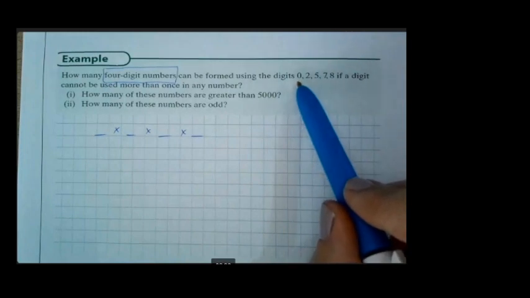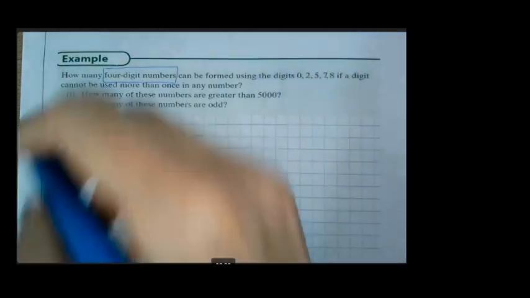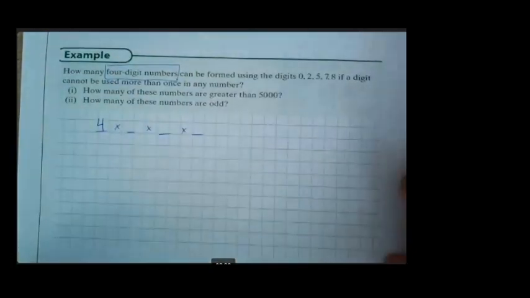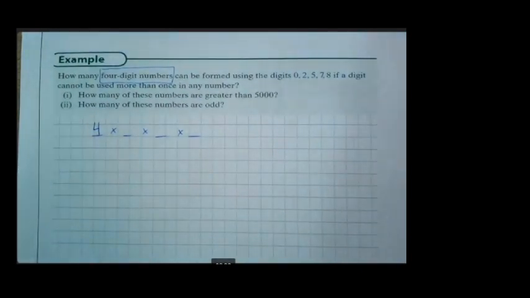Really, the only options I have for that first digit are 1, 2, 3, 4. It could be either the 2, the 5, the 7, or the 8. So be careful of questions like that. You've always got to think about the context and what works in that context and what maybe doesn't.